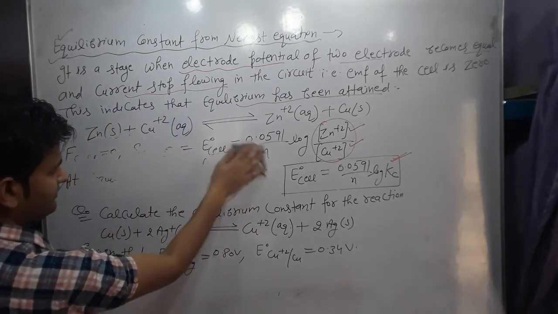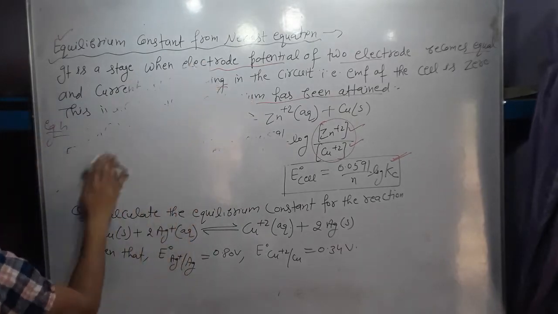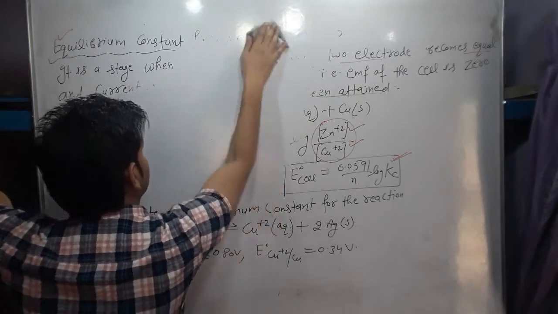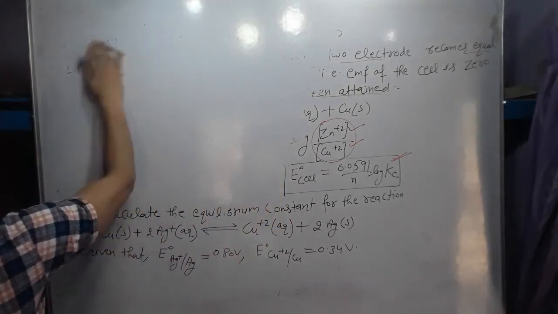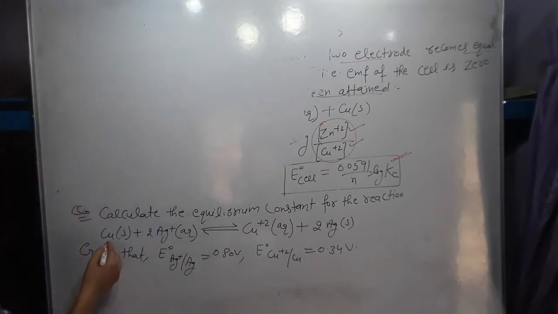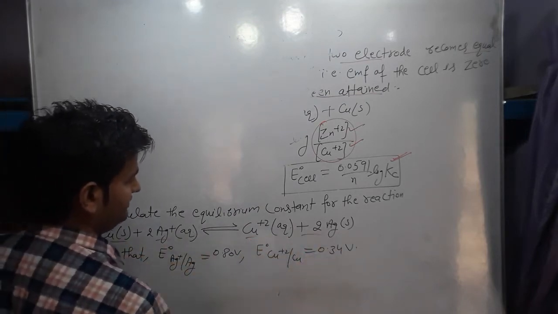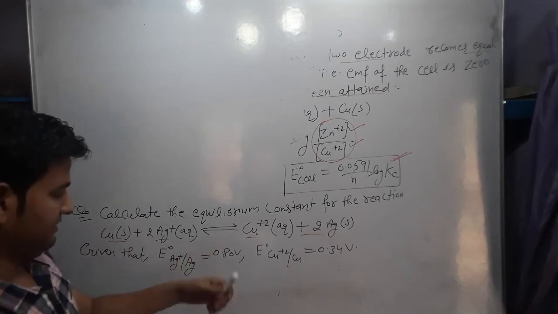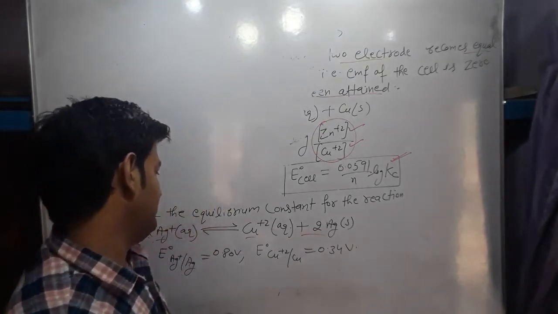Let's try one question based on this. Calculate the equilibrium constant for the reaction. We have been given a reaction of copper plus silver ion, the same reaction, with given E naught values. First of all, represent this cell.